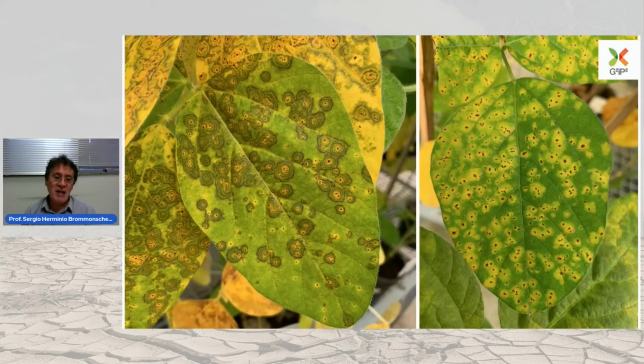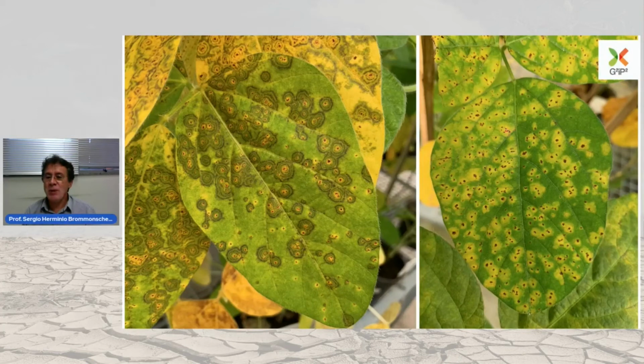We have found very interesting phenotypes. Okay, you can see here that we have some mutants with this nice target lesion. You can see this plant has been inoculated, and we have this line of defense around the infection point.